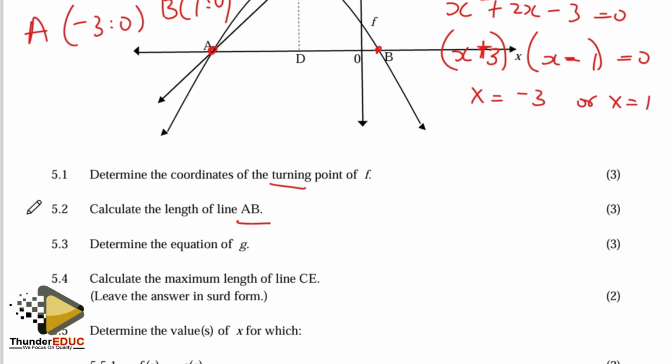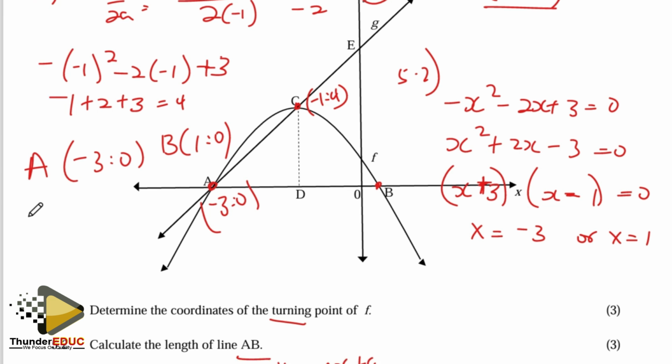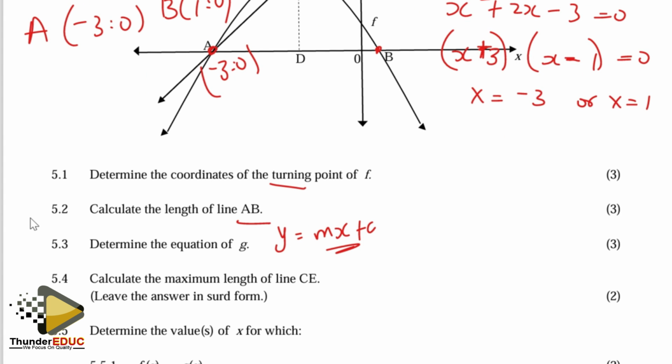Then they want the equation of G. Now, since I have this as -3 and 0, I have this as -1 and 4. I can start by getting the gradient and then find the y-intercept. Remember, G is a straight line and it must be in the form of mx plus c.